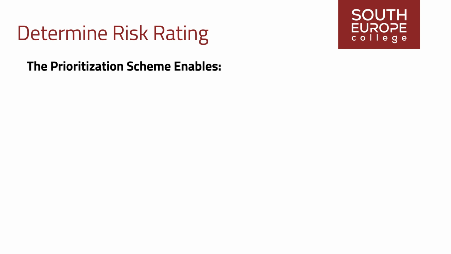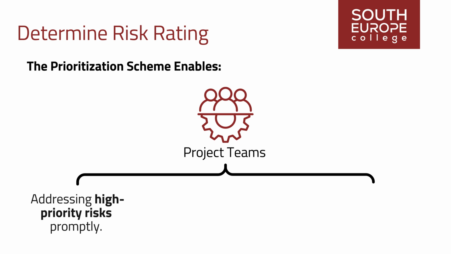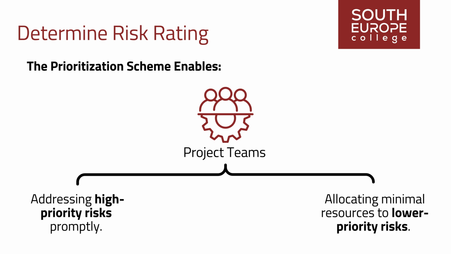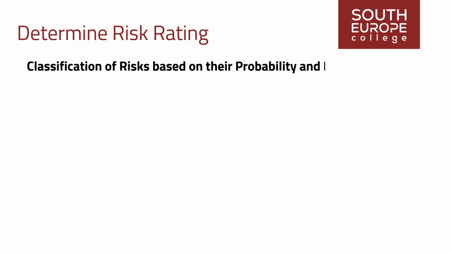This prioritization scheme enables project teams to focus their attention and resources on addressing high-priority risks promptly while allocating minimal resources to lower-priority risks. Below is a table illustrating the classification of risks based on their probability and impact.